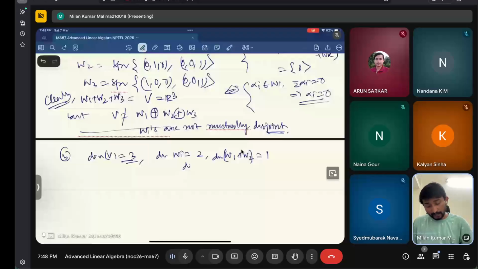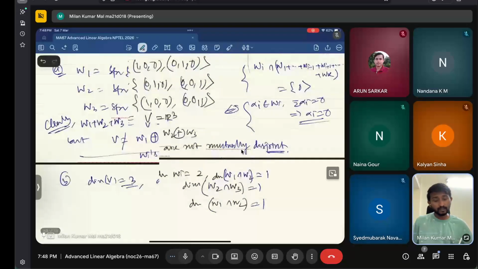Now the option here asks whether the dimension of V is equal to this or not. So let me check. The left hand side is 3, that's clear. The right hand side is 2 plus 2 plus 2 minus 1 minus 1, so 6 minus 2, that is 4. Is it matching? It's not matching.